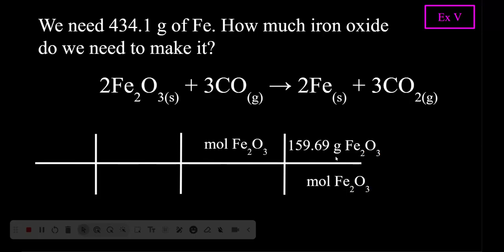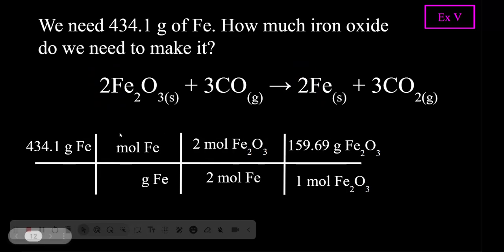I look up its molar mass. That's 1 mole of iron oxide. This is always 1. Now I'm starting in Fe, so my moles of Fe are going to be here. I'm going to look for my coefficients of these two chemicals, and I get 2 for both. Then I would convert to moles of Fe, which would be to divide by the molar mass. And then I put my starting amount there.